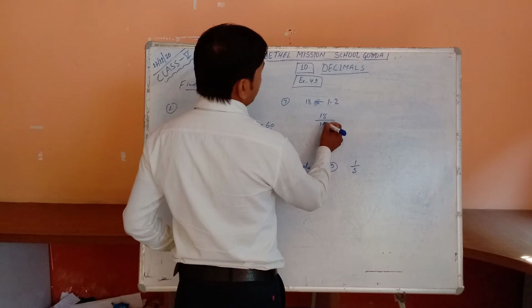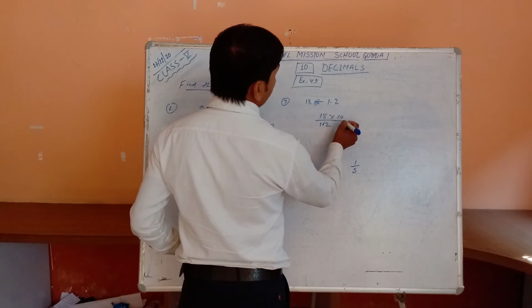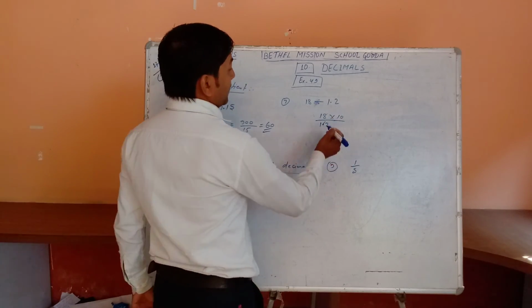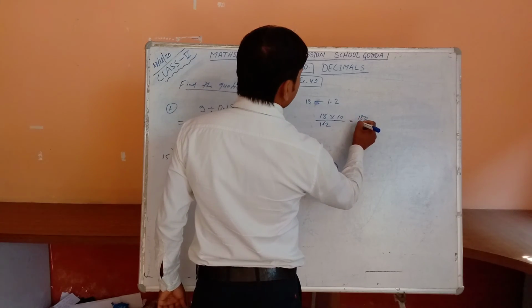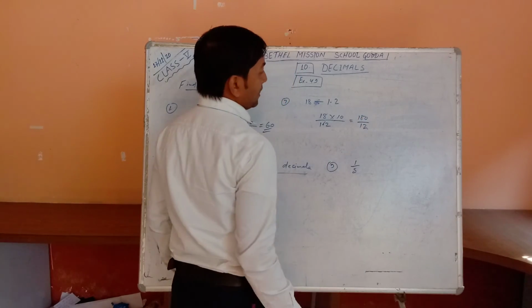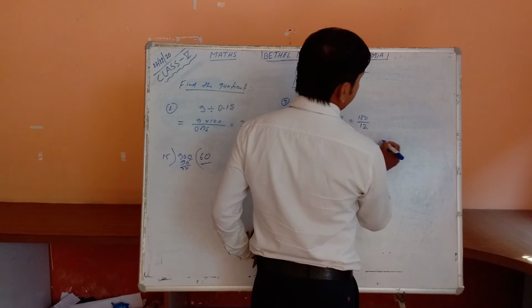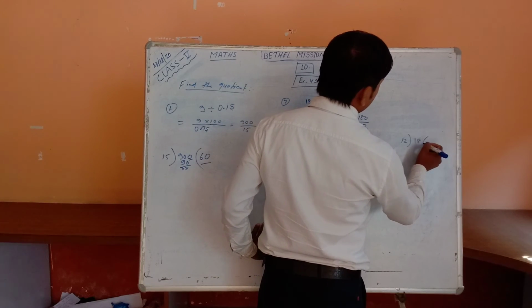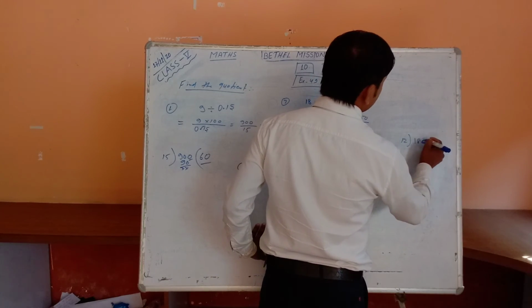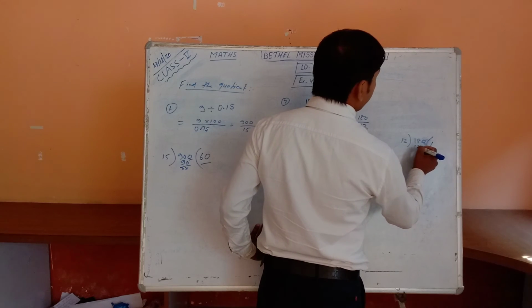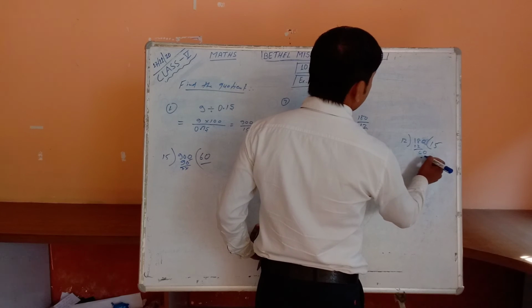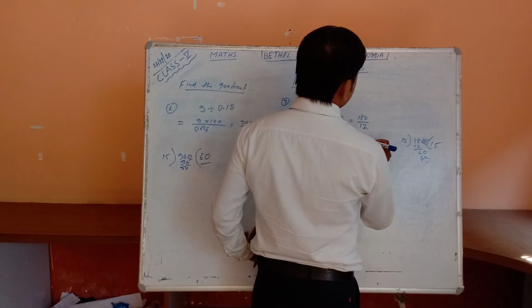Remove the decimal of the denominator, multiply with 10 only, so it becomes 180 and this is 12. Now you can divide by 12. One time 12 is 12, and 0, 15. The answer is 15.